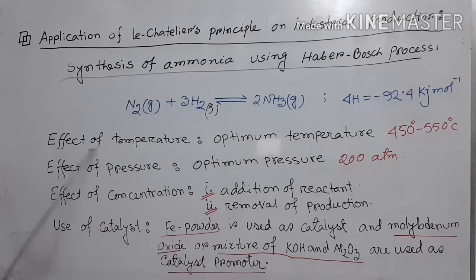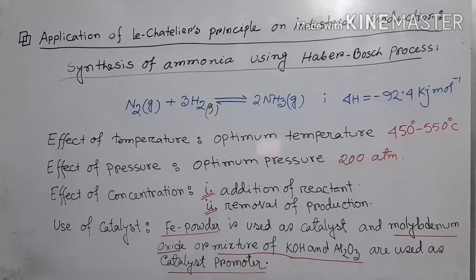Now, effect of temperature. We see that this reaction is exothermic reaction. So, according to Le-Chatelier principle, if we decrease the temperature, then the equilibrium tries to undo the change and the reaction goes forward. But rate of reaction is slow at lower temperature.